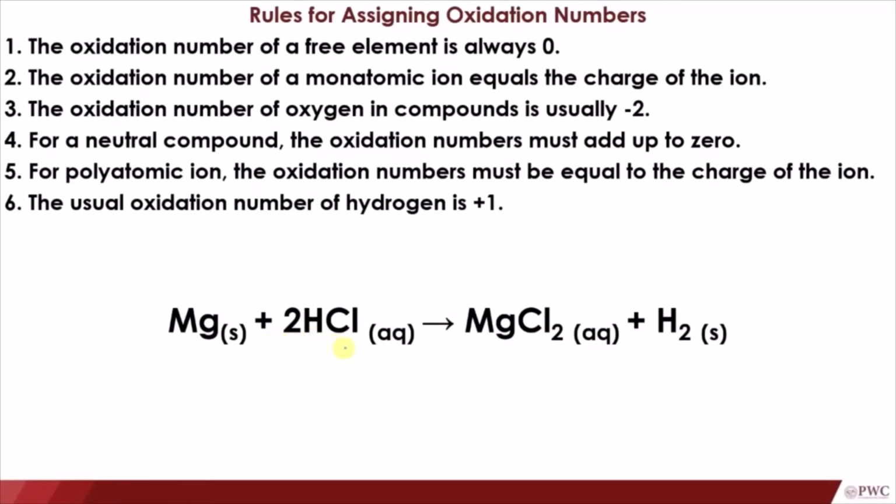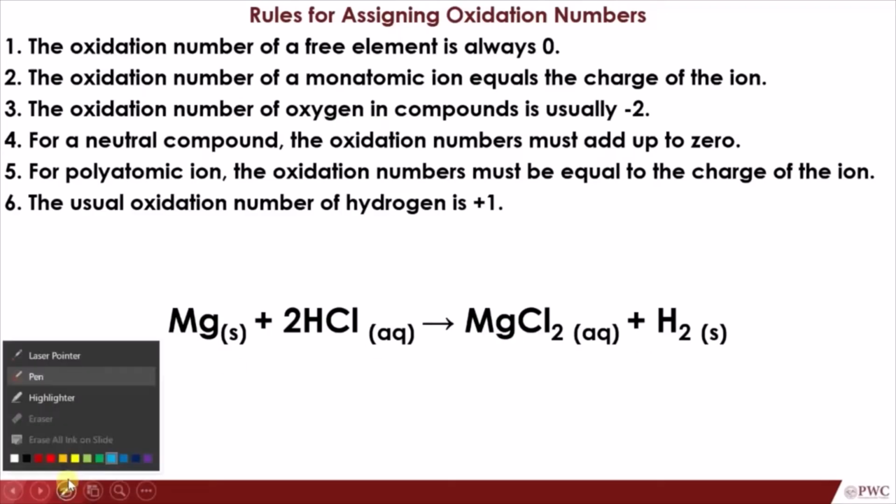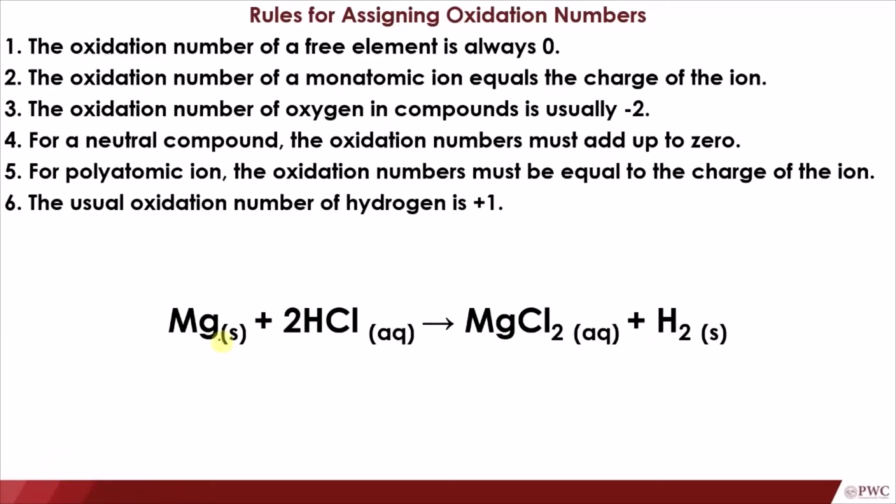Let's have another example. Here we have Mg plus 2HCl forming MgCl2 plus H2. Here we have Mg. Of course, it's a free element, so the oxidation number is 0. The same thing for H2. It's a free element, not bonded to other elements, so its oxidation number is also 0. Next, this HCl is composed of hydrogen.